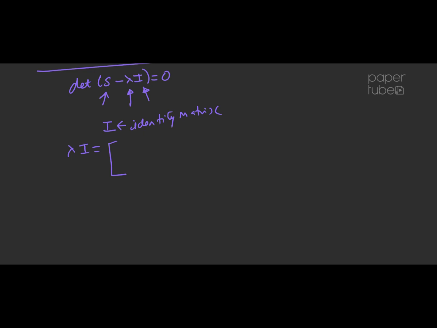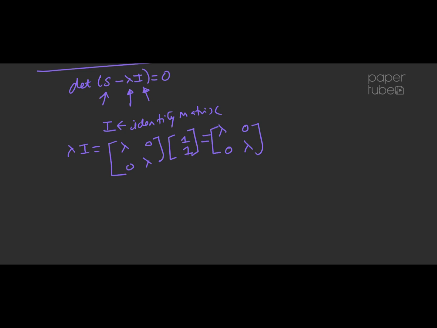So the size of the lambda matrix will be equal to 2 by 2, and the diagonal elements will contain the eigenvalues, which is lambda multiplied by 1 comma 1. So that's the identity matrix. So if you multiply, you get lambda 0 0 lambda. So that's the lambda I value.